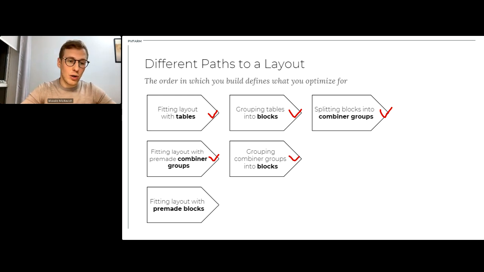And we also saw people who actually fit layout with pre-made blocks. So it's different strategy. The second one is optimized for electrical wiring, for example. The third one is optimized for great DCAC ratio, great efficiency of inverters, but you might have less balanced combiner groups. So each has its own pros and cons.